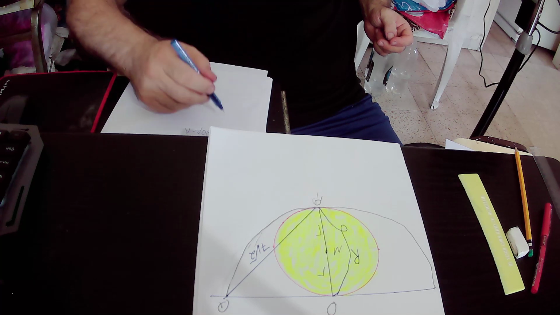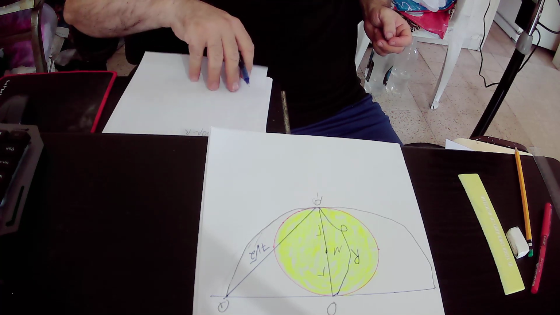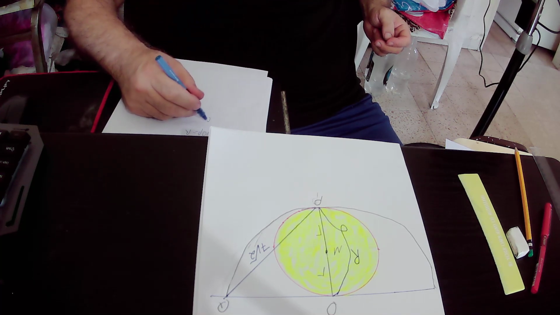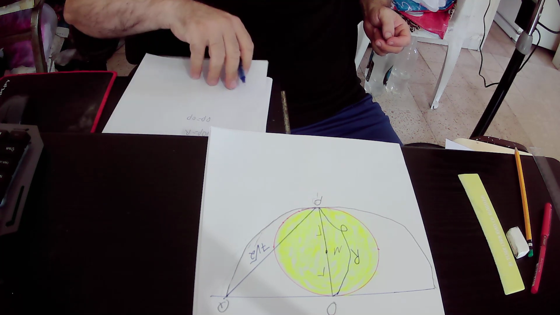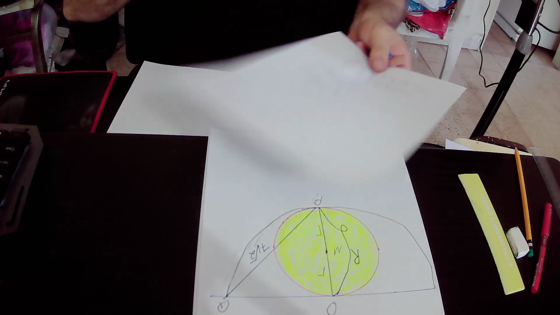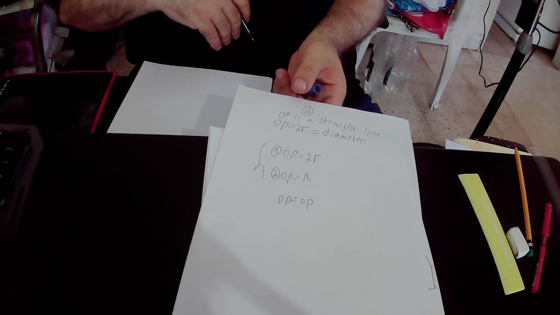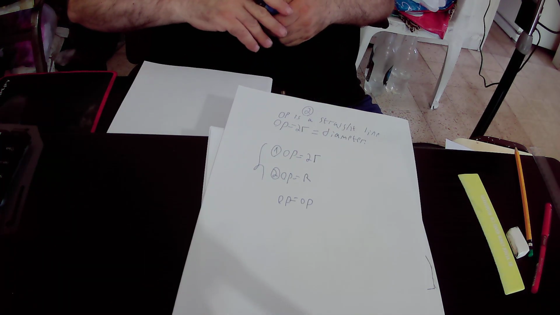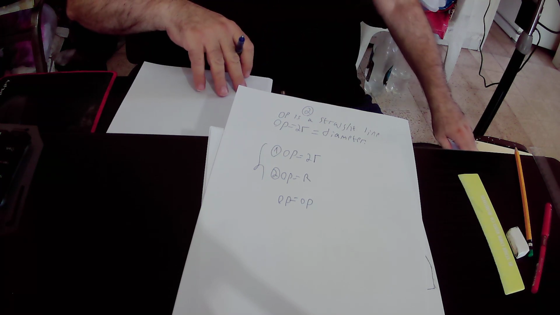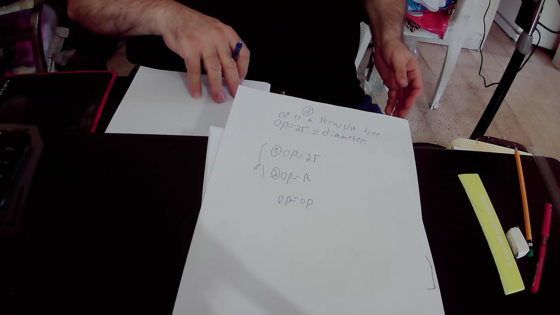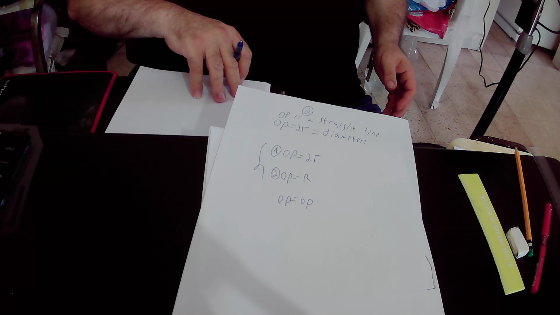So actually, from one side OP equals 2 times the radius of the yellow circle, and from the other side OP equals the radius of the semicircle.